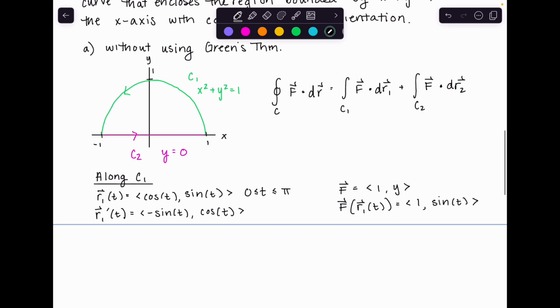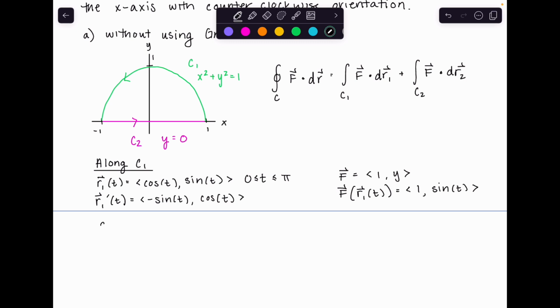So to calculate the line integral along this first curve, I need to integrate from 0 to pi, taking my vector field along this curve, dot product it with r1 prime, and then integrate with respect to t.